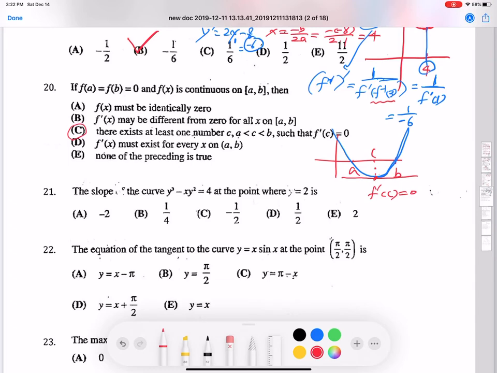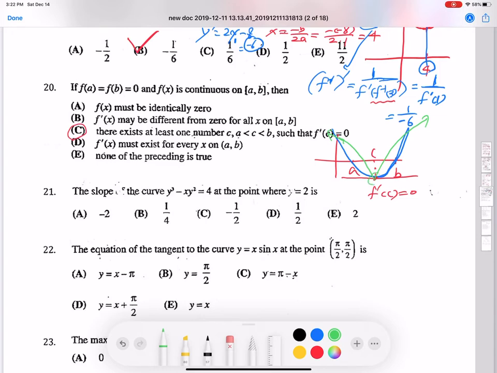D, f prime of x must exist for every x on [a, b]. I don't know. What about this kind of case? I give you a different case. If the function looks like this, yes, it is a continuous function.